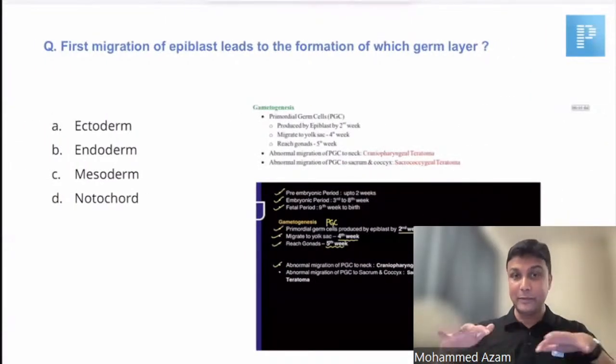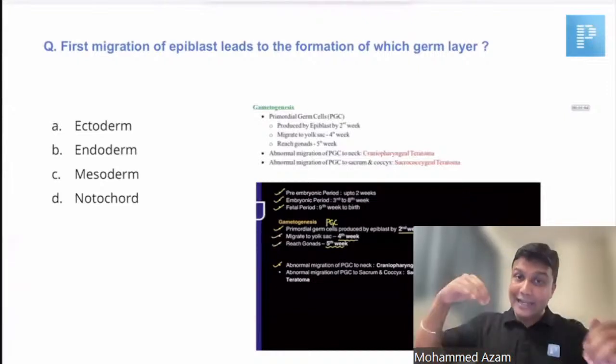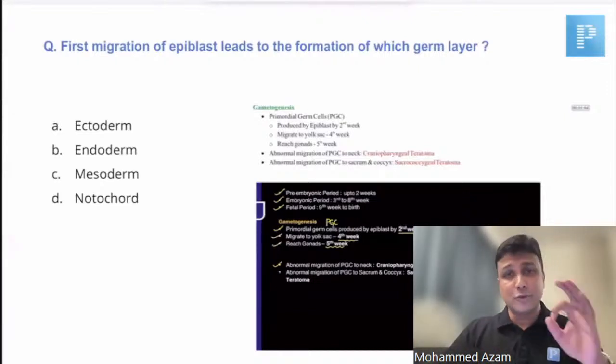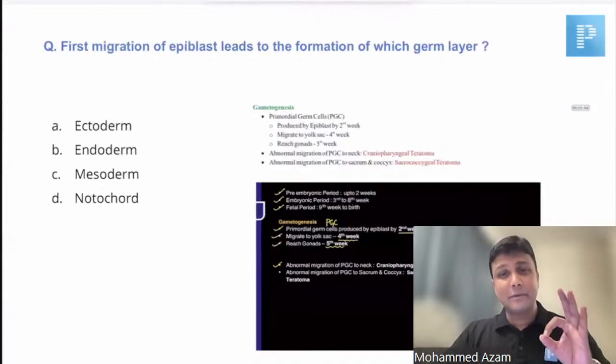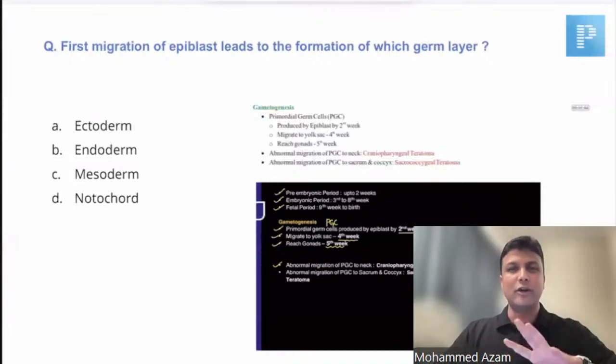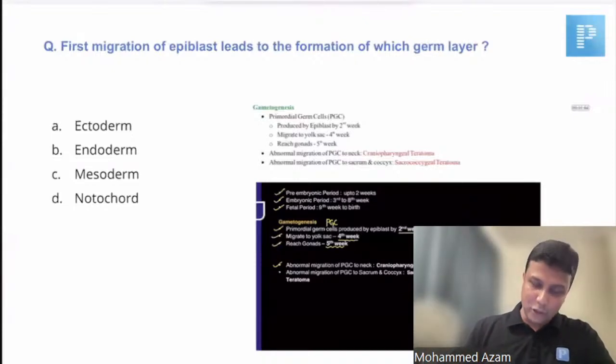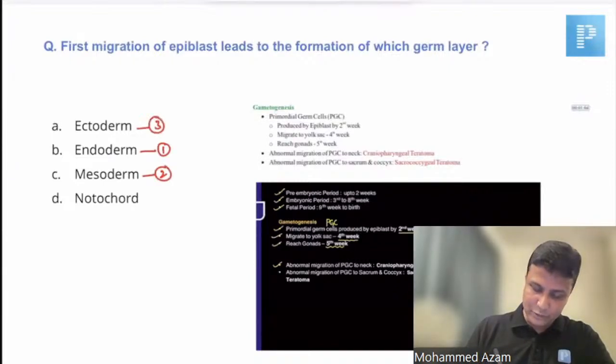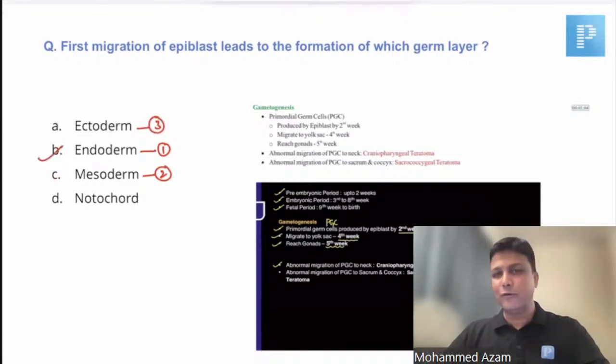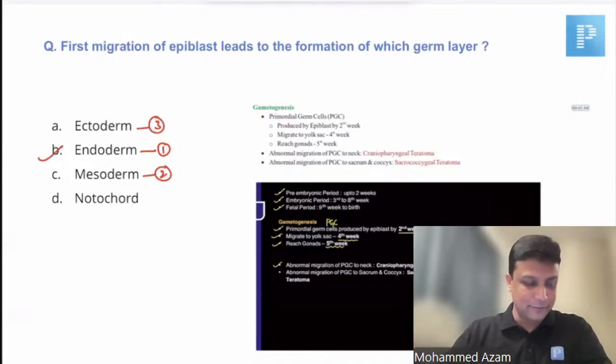The primitive streak cells will multiply and migrate to the hypoblast. So, my dear friends, please remember, this is a repeat question already asked in the exams. The sequence of formation of the germ layers: first the endoderm, second the mesoderm, followed by the ectoderm. So the first germ layer to be formed will be the endoderm here.